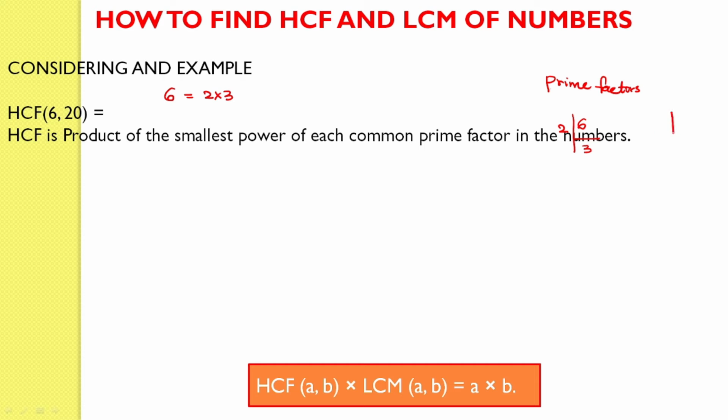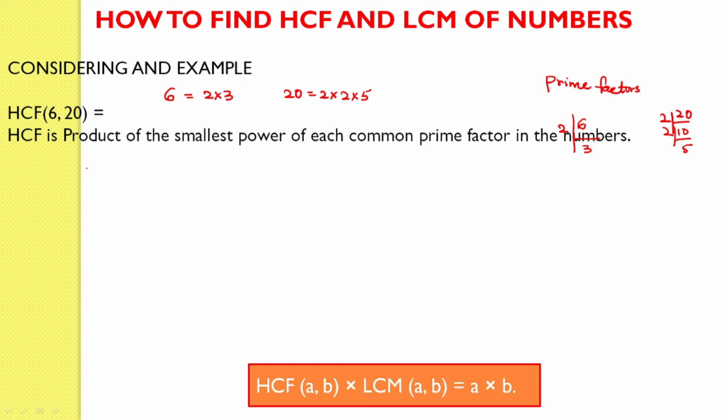Then let's consider 20: 2 multiplied by 2 multiplied by 5. Here is a statement that says HCF is the product of the smallest power of each common prime factor in the numbers. Let us see how this statement is verified.